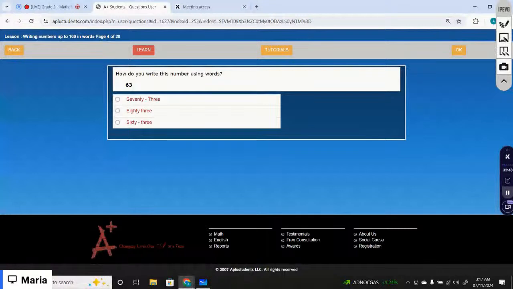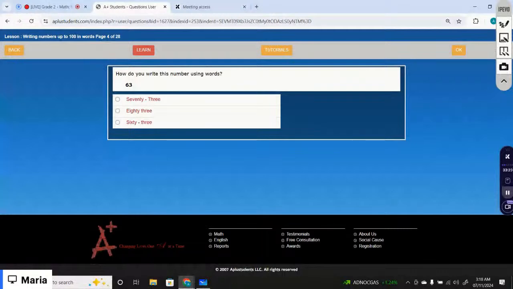How do you write this number using words? So which is the correct option? 63, right?